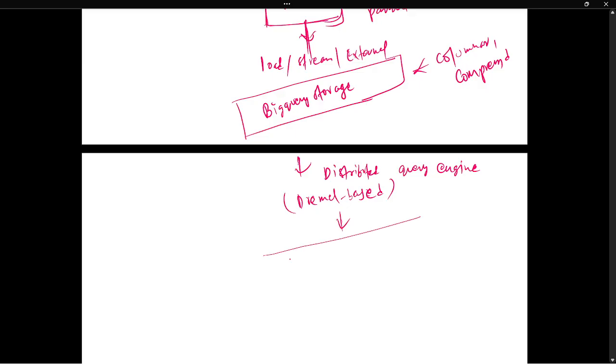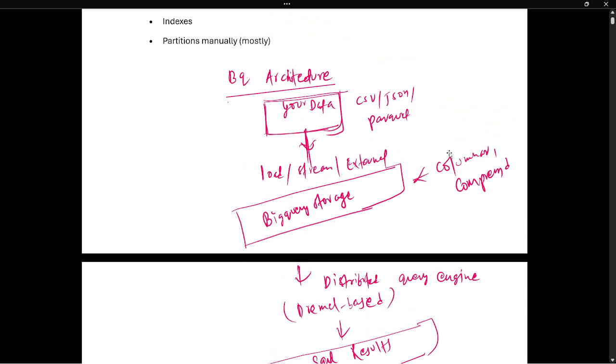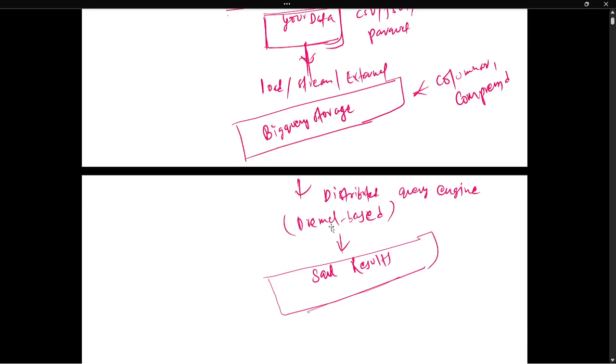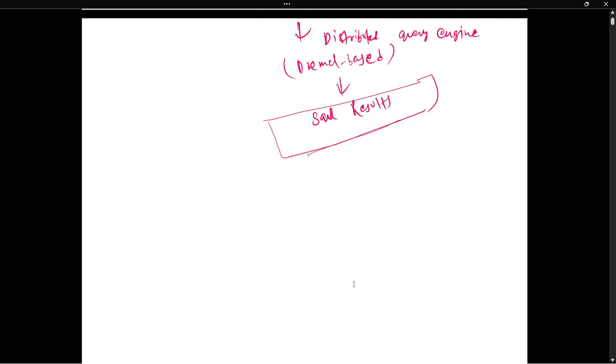After that we have the SQL result. This is the processing engine. So this is your data, this is BigQuery storage, and that is the Dremel based engine. Whenever you write your queries, you will get the SQL result.